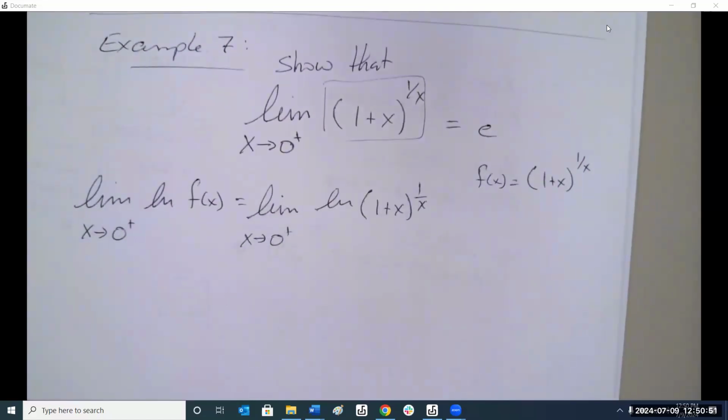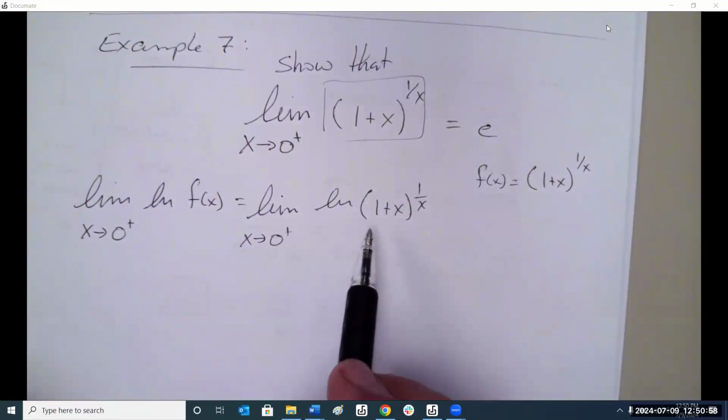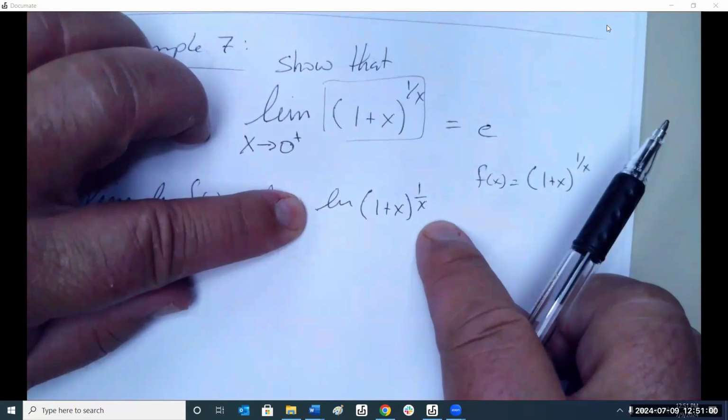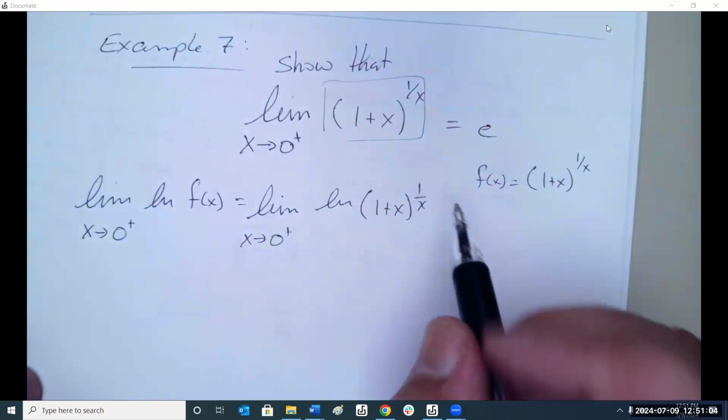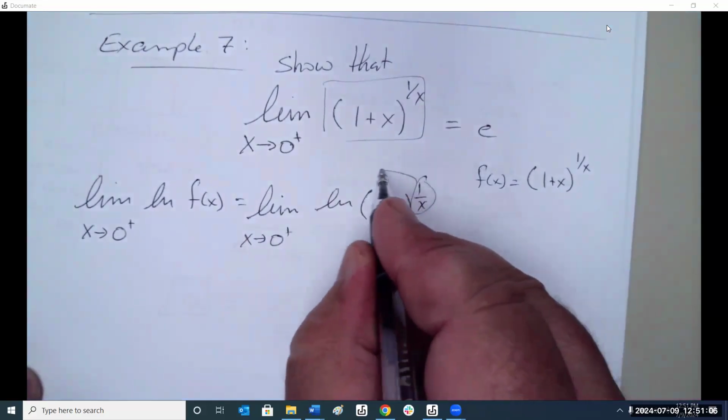Why do we do the ln? Because what's one of the properties of natural logs? You cannot have exponents, so the exponent comes out in front.